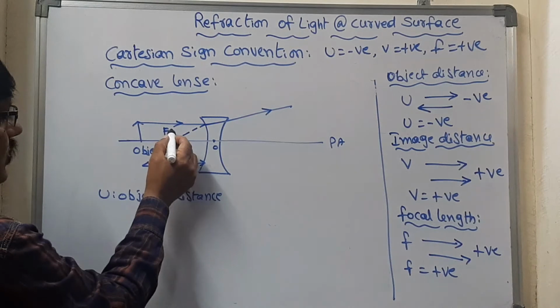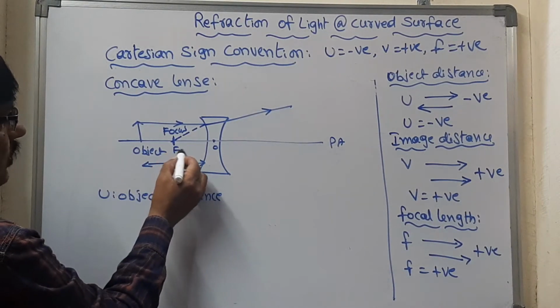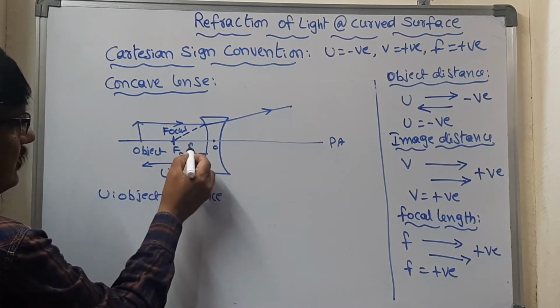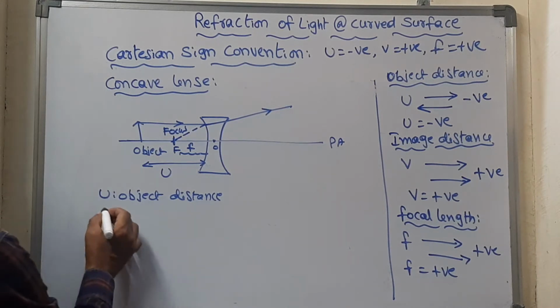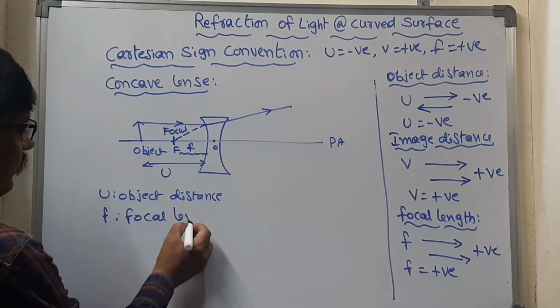We get the focus here, isn't it? The distance between the focus and the optic center, we call this the focal length. F is the focal length.